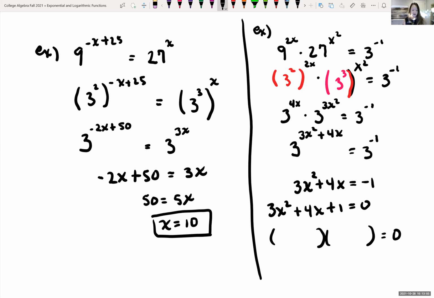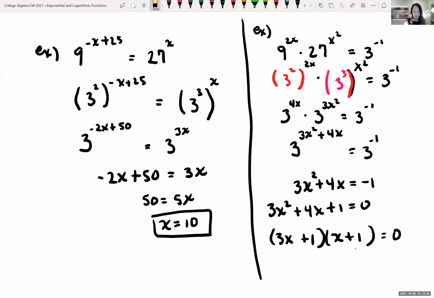Two things that multiply to 3 that would add to 4, which would work. So let's do 3x plus 1 and x plus 1, and let me just check. My middle term is going to be 3x plus x, which is 4x. My last term, 1 times 1 is 1. And 3x times x is 3x squared. So we got it right.